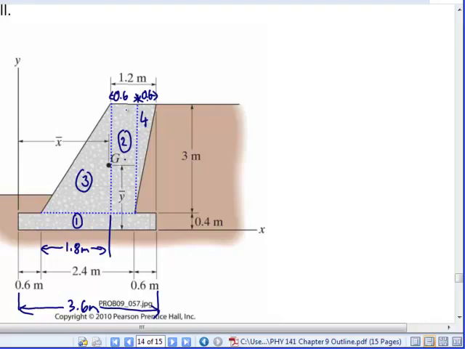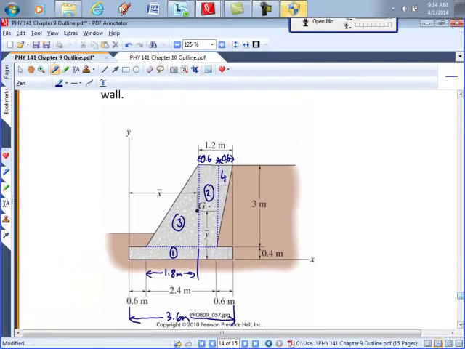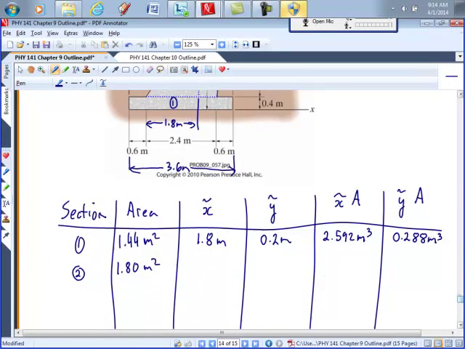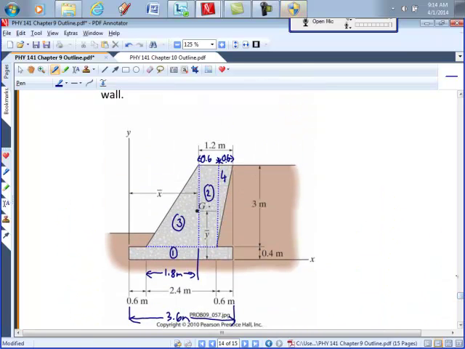So 2.7. And its y tilde is going to be half of the 3 meters, so 1.5, plus the height that it starts at, which is 0.4. 1.9.